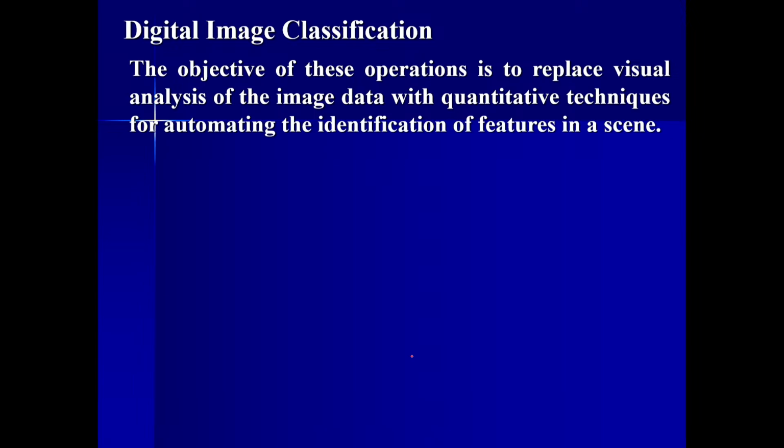So they were extracting these classes. But today if you have a large number of images, it is very time consuming. Of course through visual interpretation and visual tracing the accuracy is very high, but it is very time consuming. So people thought about how to cut down the time, and they developed digital image classification techniques. Through these quantitative techniques, they can automatically classify the pixels into different classes.